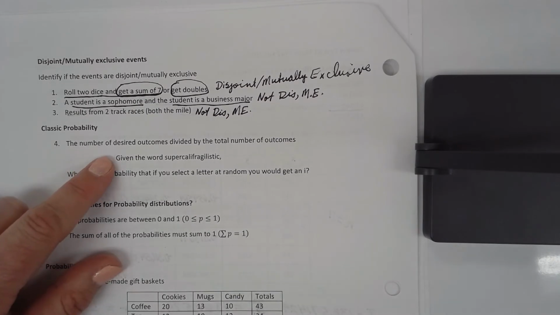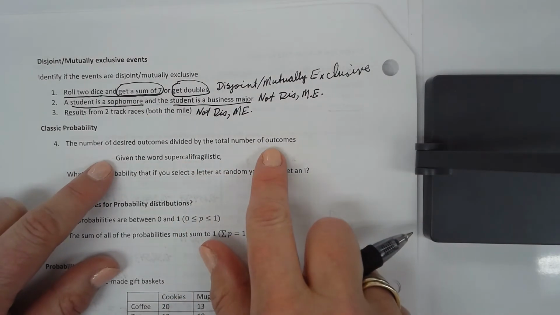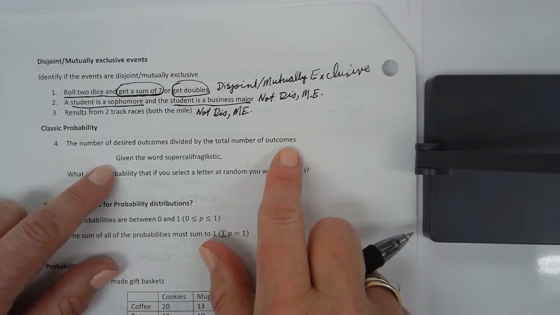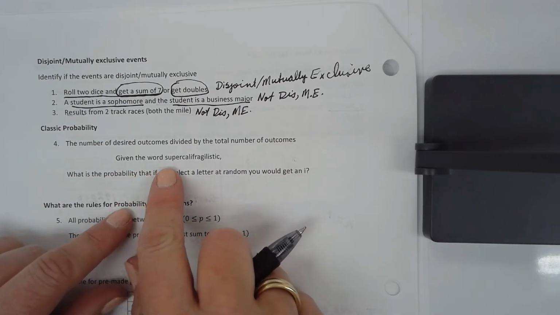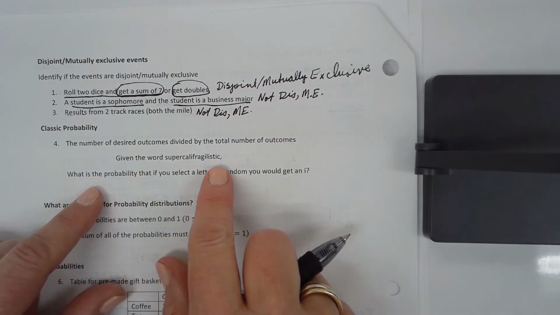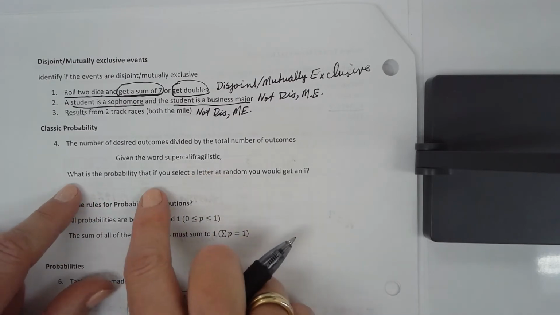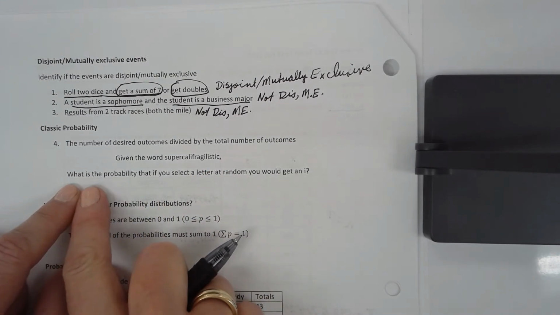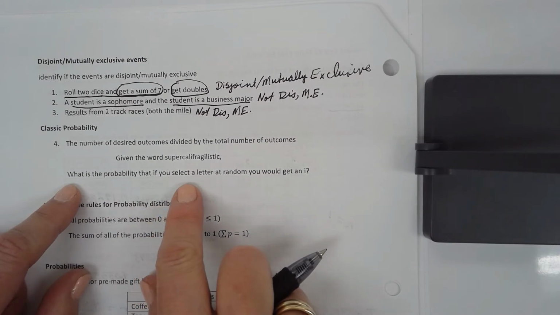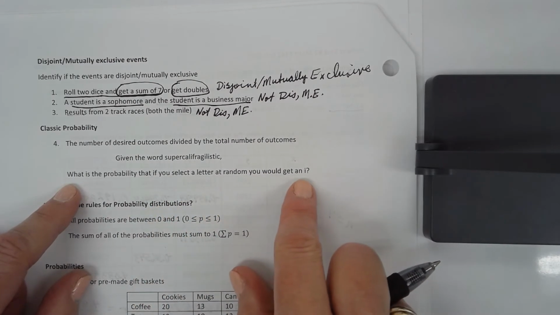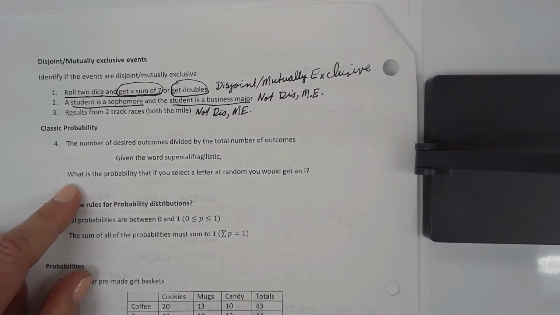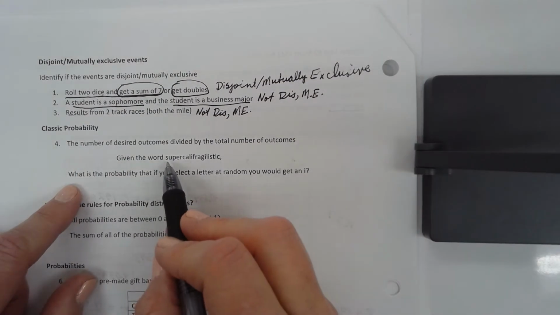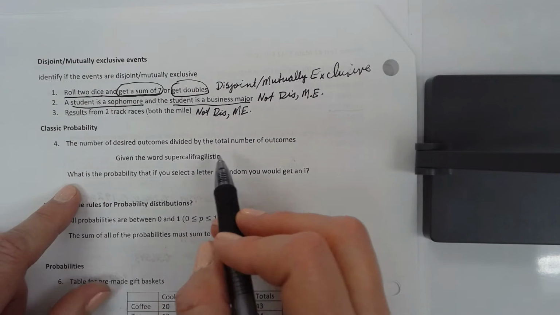All right, classic probability. The number of desired outcomes divided by the total number of outcomes. Okay, given the word supercalifragilisticexpialidocious, right? Okay, so what is the probability that if you select a letter at random, you will get an I? Okay, so how many I's are there? 4.